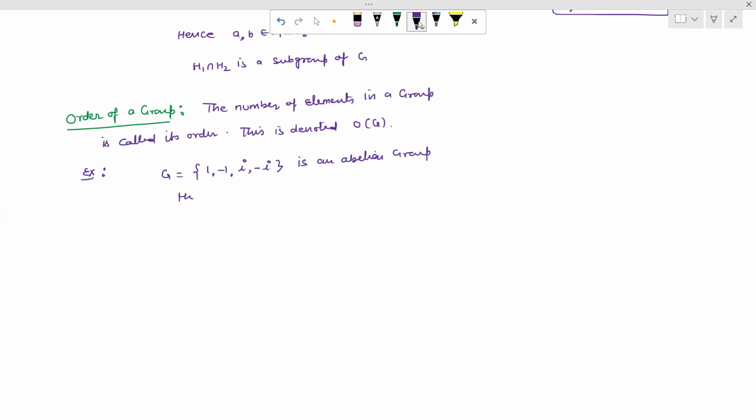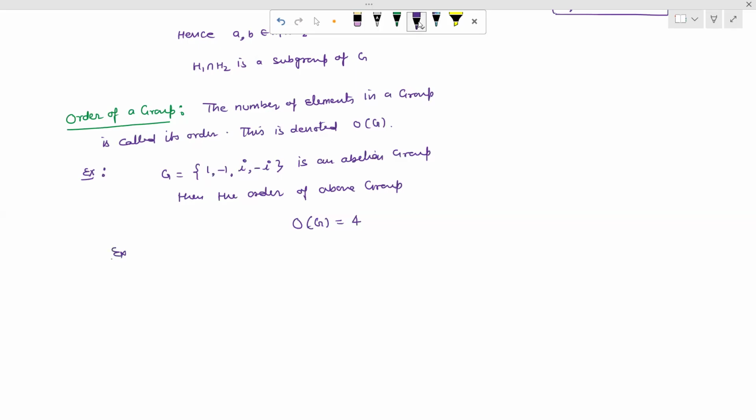Then the order of the above group is the number of elements of the group. How many elements are in this group? 4. So the order of G is equal to 4.